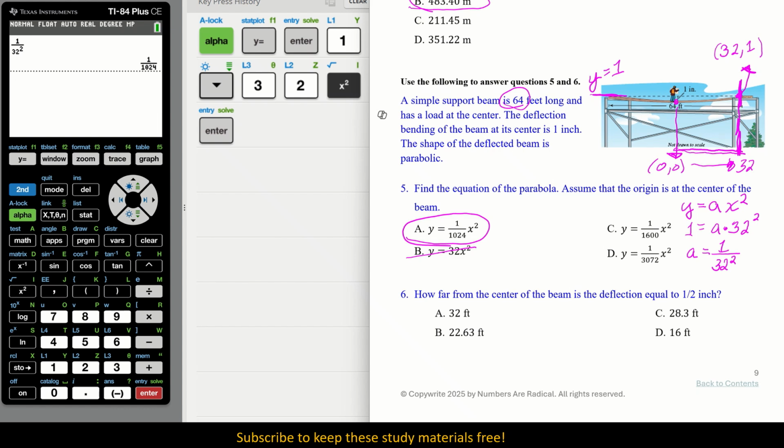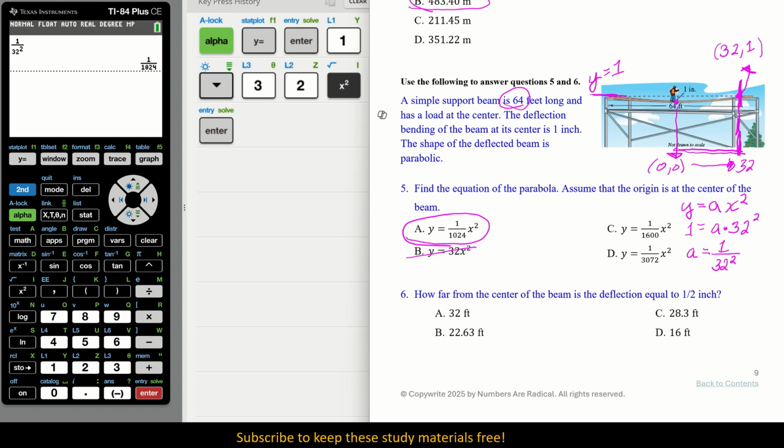All right. When you get another question like this, now you'll know how to think about it. So number 6 says, how far from the center of the beam is the deflection equal to 1/2 inch? So this is what we need to do.